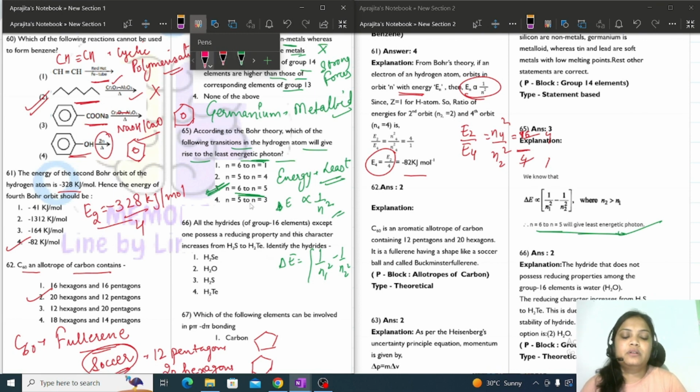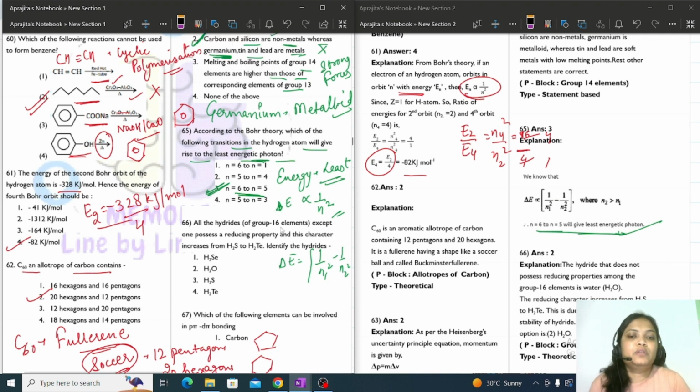Now question number 66. All hydrides of group 16 elements except one possess a reducing property. This character increases from H2S to H2Te. Which hydride does not possess reducing property?